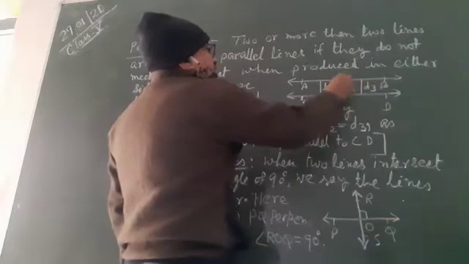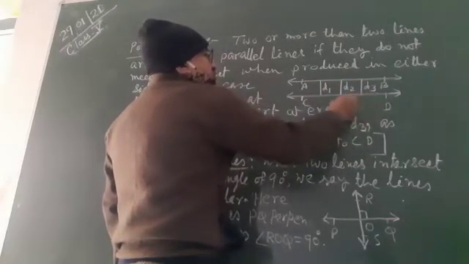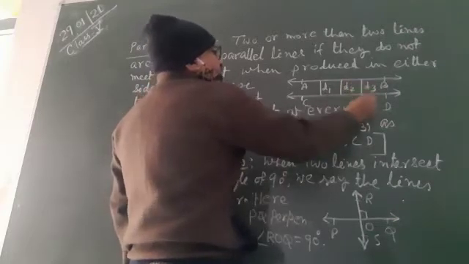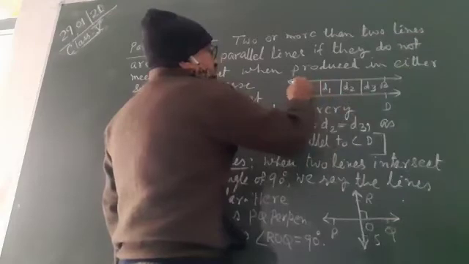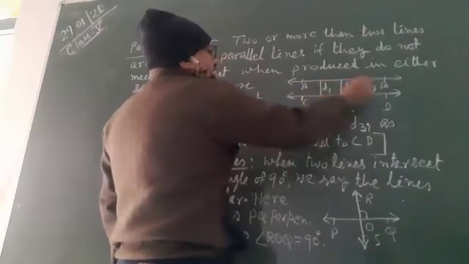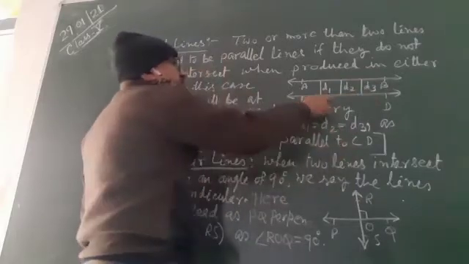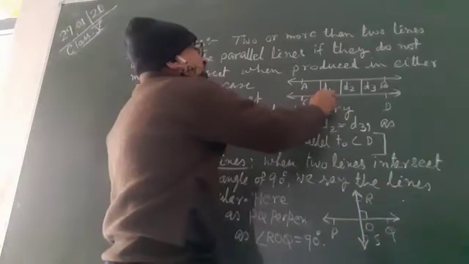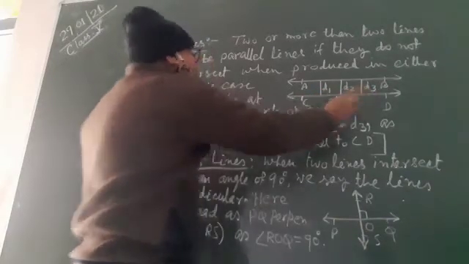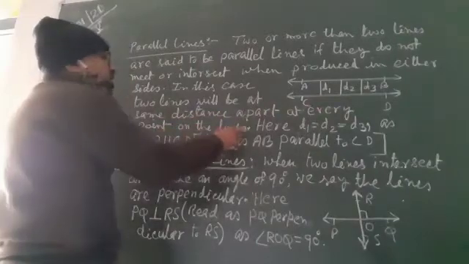If you draw the same distance, you will get D2, and at a different point on CD, if you draw another perpendicular line, you will get D3 here. The distances between the two parallel lines AB and CD are D1, D2 and D3, and as these lines are parallel, D1 equals D2 equals D3, at the same distance apart at every point on the line.